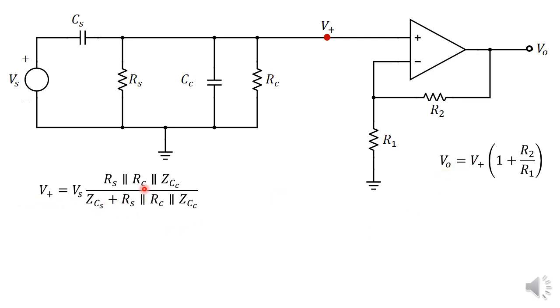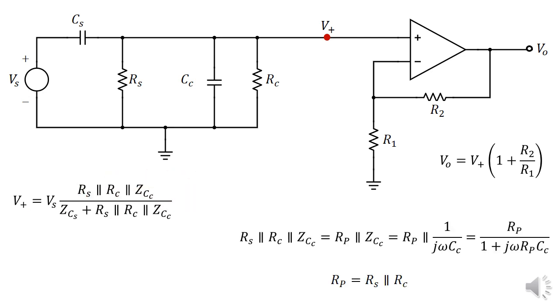So let's evaluate this parallel combination. Let's call Rs parallel Rc as Rp, just the parallel combination of Rs and Rc, parallel ZCc, and then you can do the mathematics and you get this, where I'm going to leave this as Rp for now.